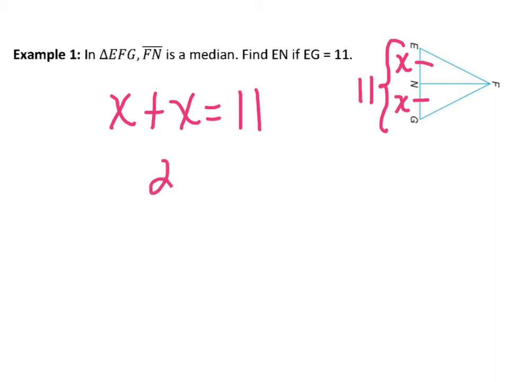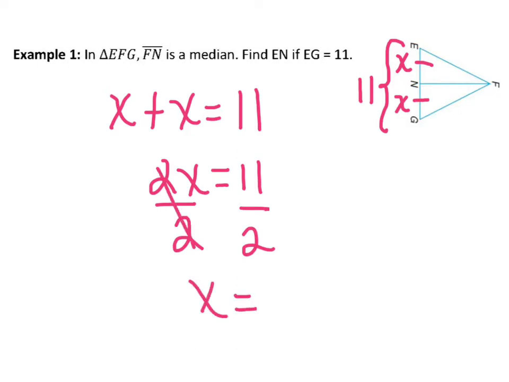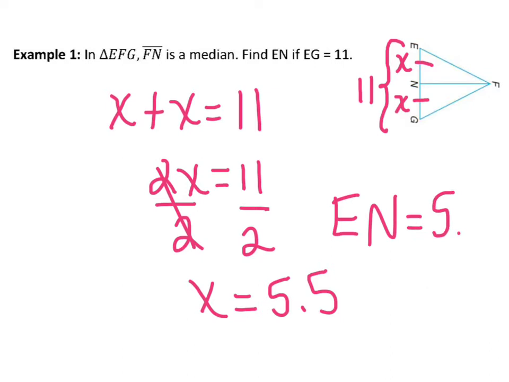Combine like terms, we get that 2x is equal to 11. Therefore, divide both sides by 2, and we get that x is equal to 5.5. Therefore, the length of EN is equal to 5.5 units.